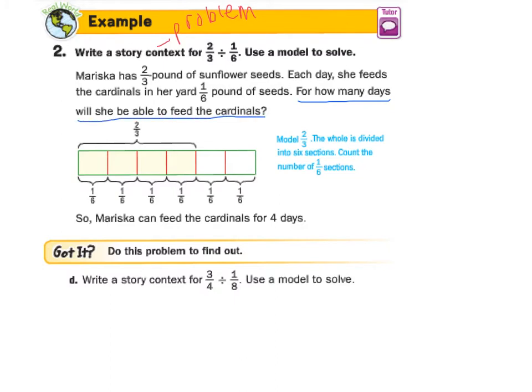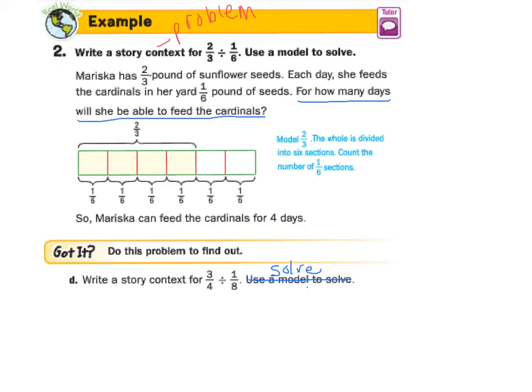So they used a model to show it. Otherwise, we would actually go ahead and do division. I'm not big on using the model to solve things, so you can go ahead and just use your numbers. I'll just say solve on here. You do not have to use the model.